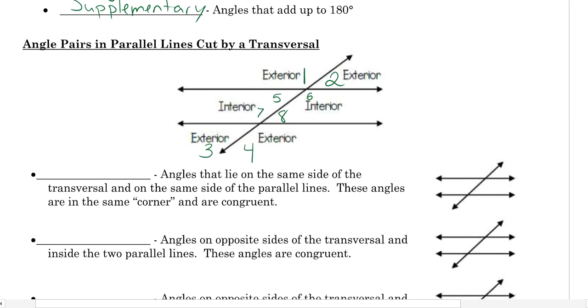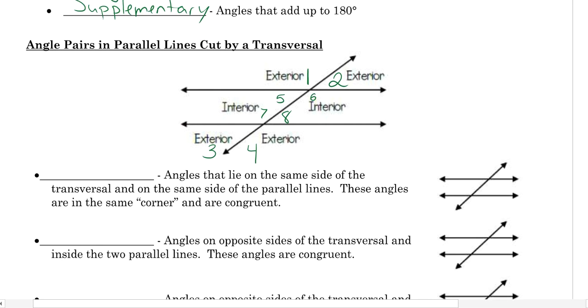So what are the different angle relationships that we have? Our first one are angles that lie on the same side of the transversal and on the same side of the parallel lines. These angles are in the same corner and are congruent. So we would call those corresponding angles.